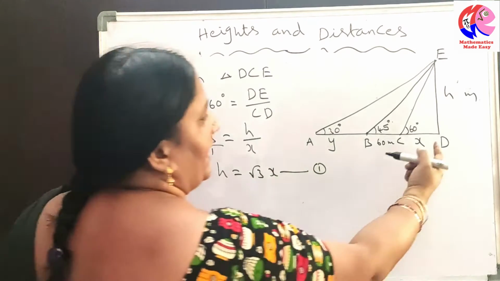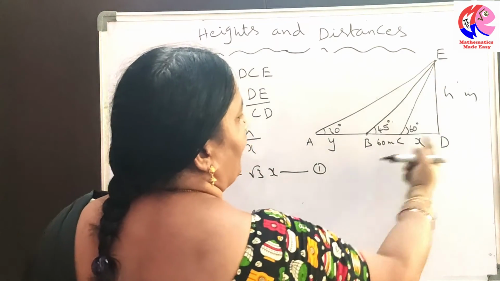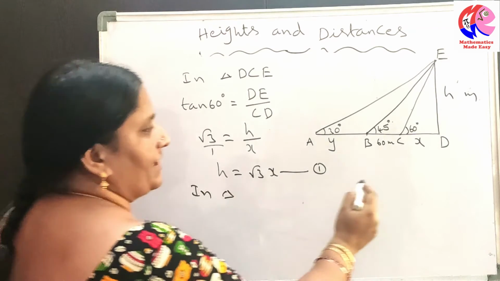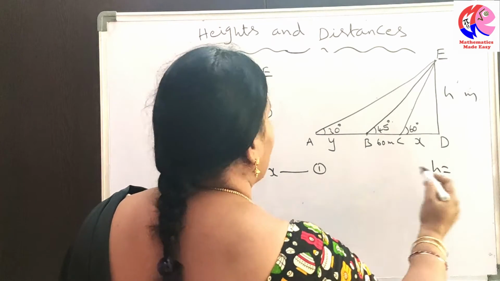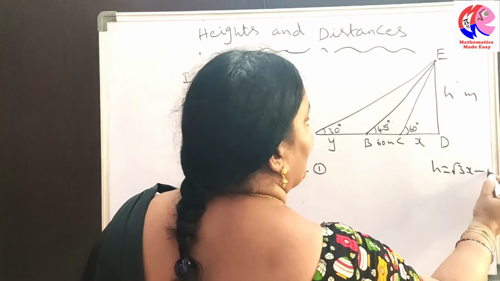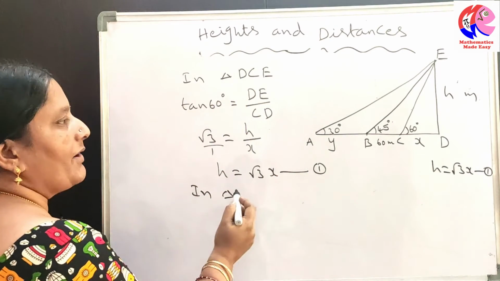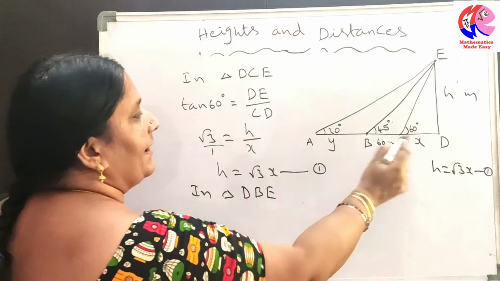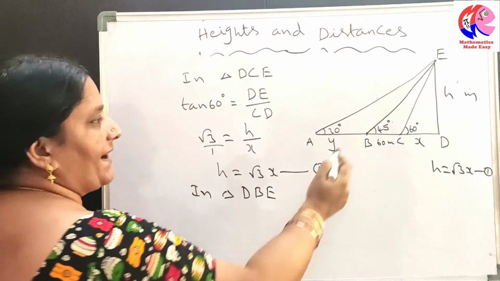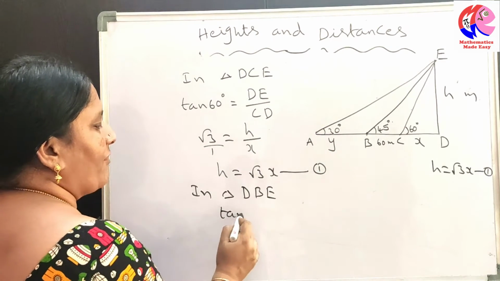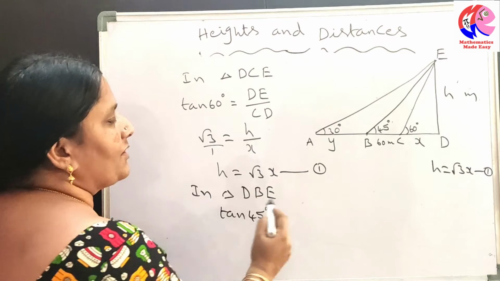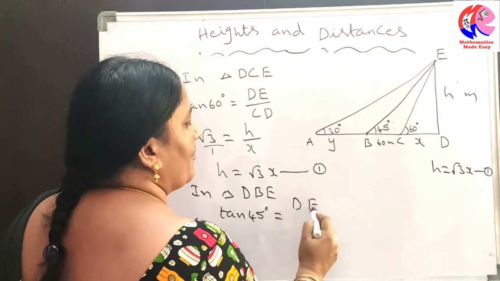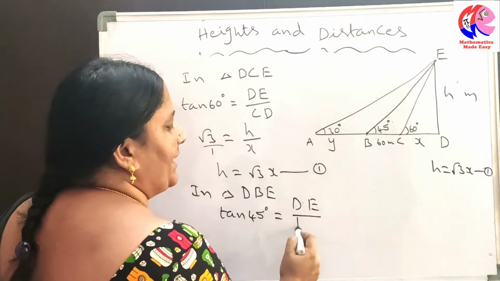Now coming to the next one, triangle DBE. Let me write the first equation here: H is equal to root 3x, equation 1. Now in triangle DBE, apply tan B, nothing but tan 45 degrees is equal to, for 45 degrees opposite side is DE by adjacent side is BD.